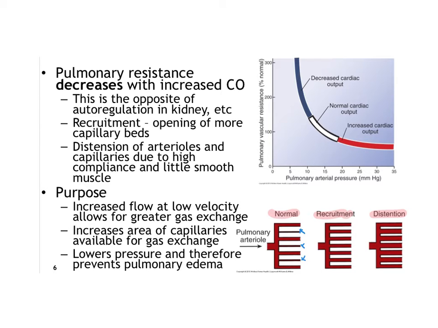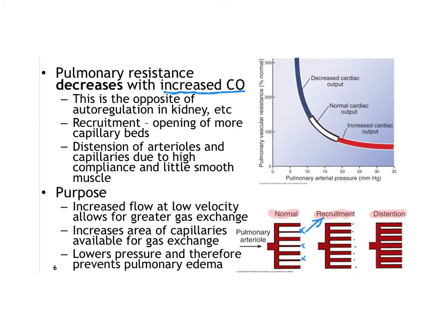But then as I increase cardiac output, the way I decrease resistance is the fact that these vessels then are recruited so that they will dilate. And if they dilate and start carrying more blood, now I've increased the amount of blood flow that can go through there. And so therefore I decrease resistance.